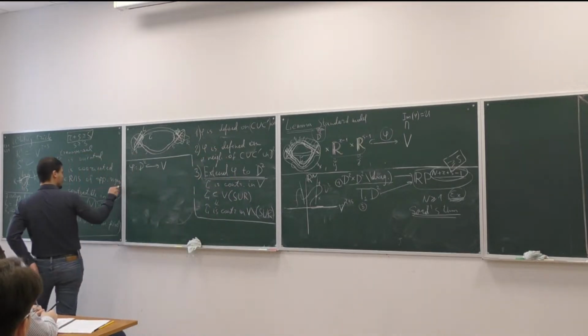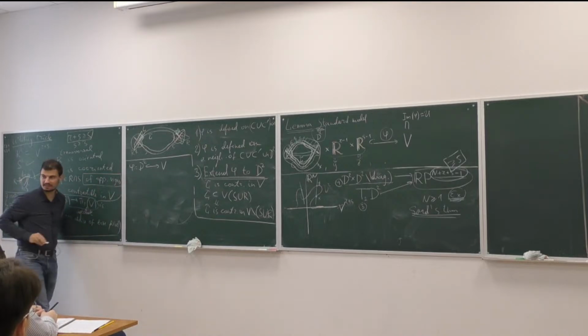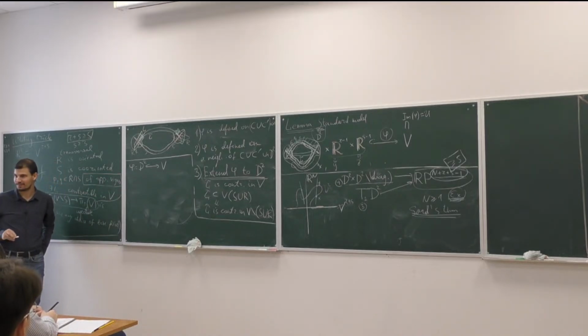We never use that these 2 points are of opposite signs. It is very important. By homological reasons, we can never cancel two intersection points which have the same sign. But until now, we never used it.